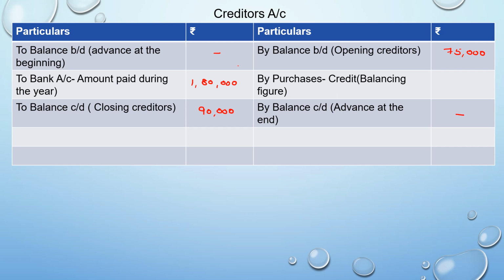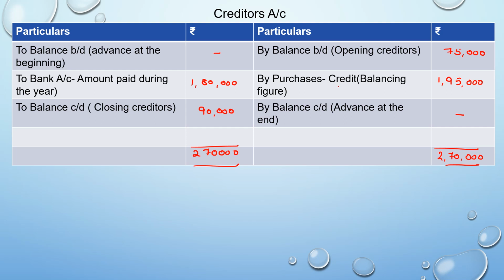If it is given, you write the opening here and the closing advance here. So there's nothing else left. We can close this particular account. The total of this is 2,70,000. Write it on the other side. Find the difference, and that difference of 1,95,000, the balancing figure, represents your credit purchase.